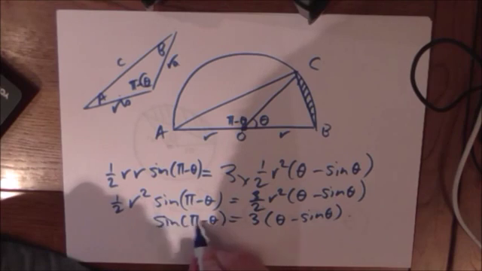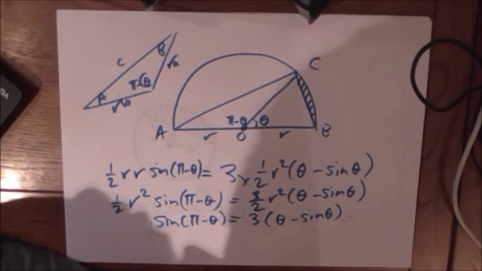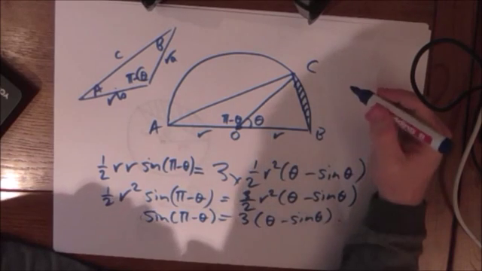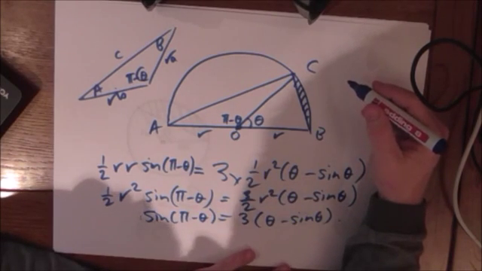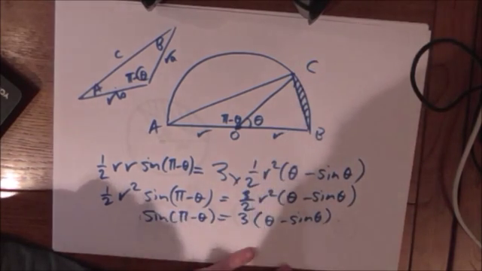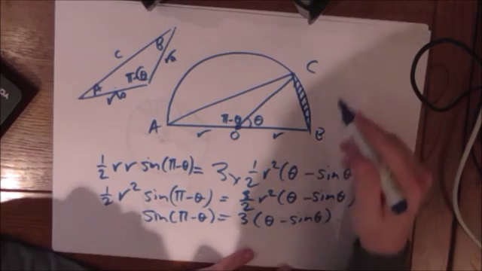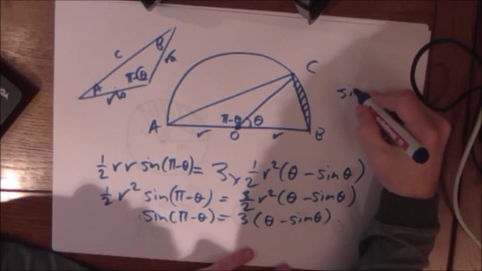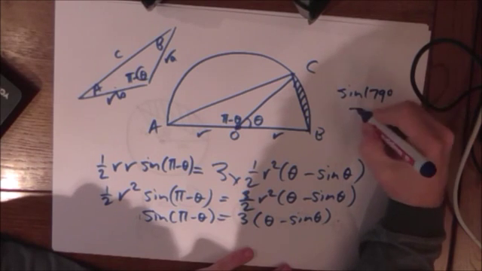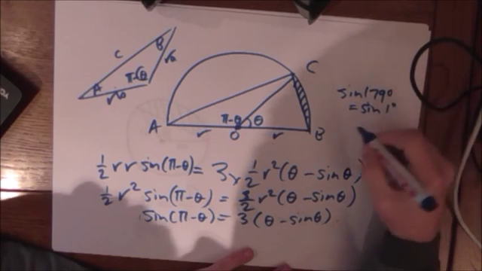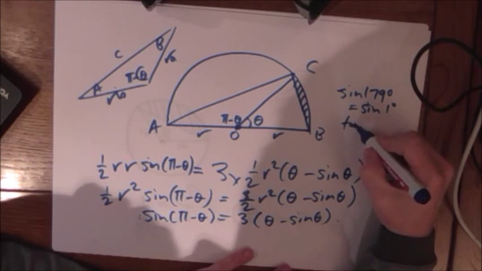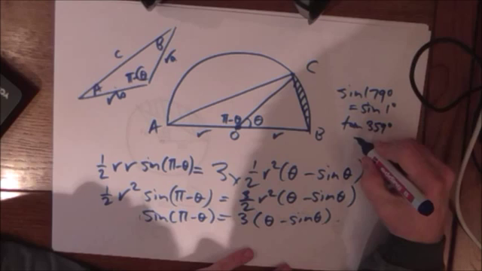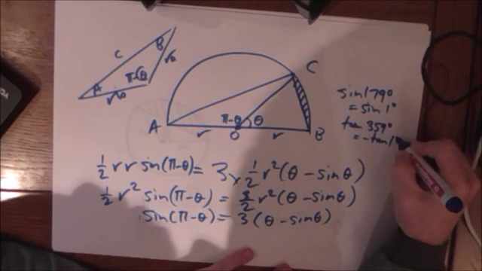Now, this I can use an auxiliary angle formula. Remember, auxiliary angles is the principle that all sine, cos and tan questions about big angles can be reduced to questions about small angles. So for example, sine of 179 is equal to sine of 1, or tan of 359 is equal to negative tan 1.